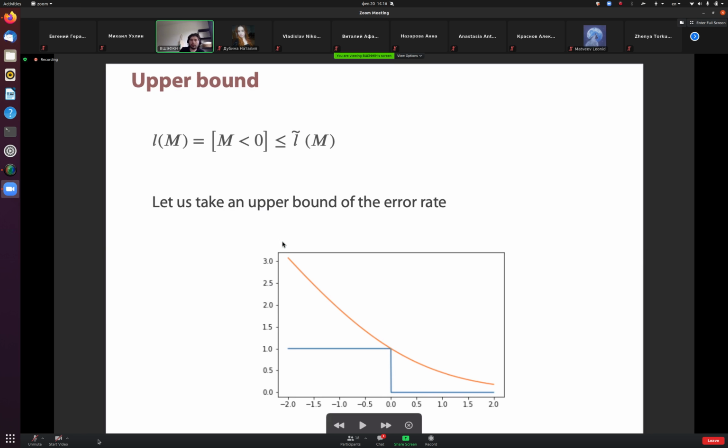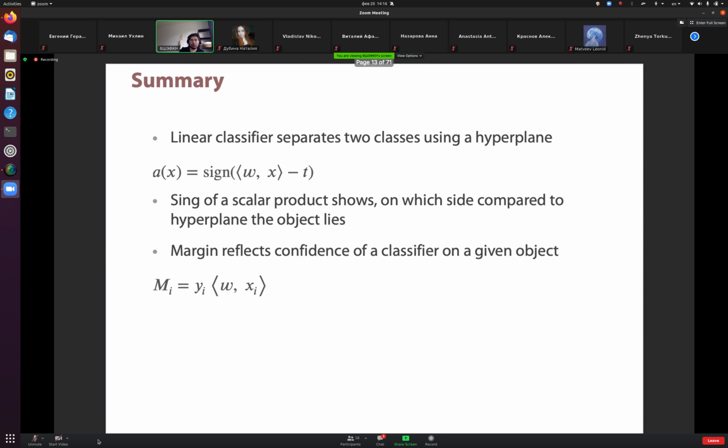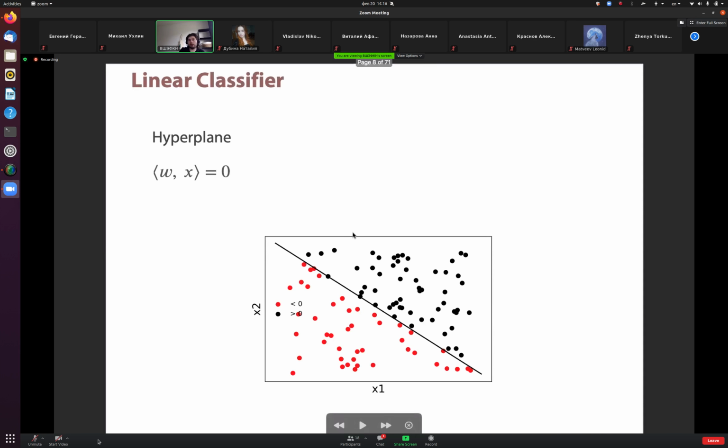On the other hand, if our margin is negative, then we make an error. So if we make an error here, for example, this guy, let it be not red but black, but it's very close to the separating line. So it's an error, but not a very influential one. It's saying, okay, it's a mistake, but not a big one. We are more okay with that. But if we have a black dot here, for example, it will be an error and the margin will be very big.